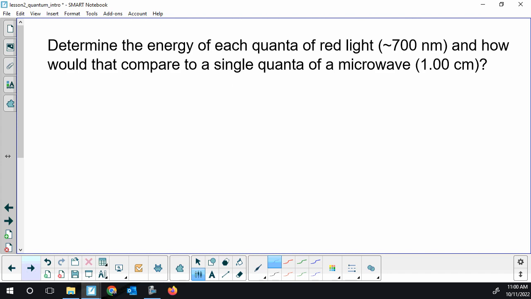So we're going to look at if you have one of the smallest unseparatable chunks of red light, how much energy is that? How much is each quanta of red light? And then we're going to compare that to one quanta in a microwave. And then we'll look at what if we had a mole of something.